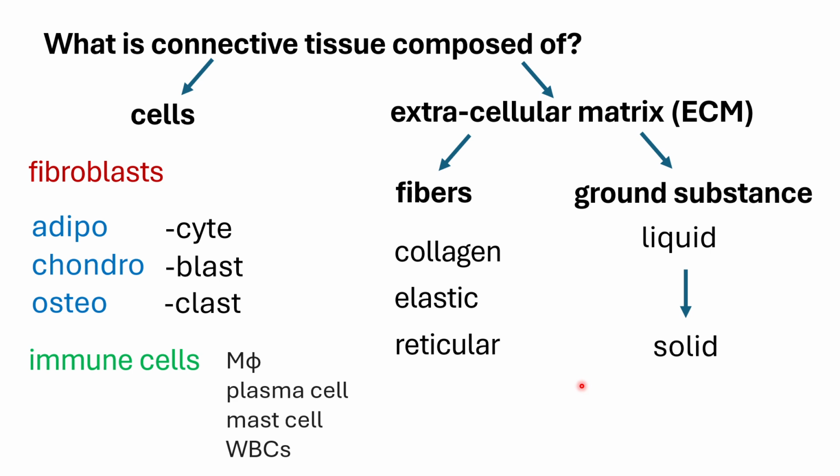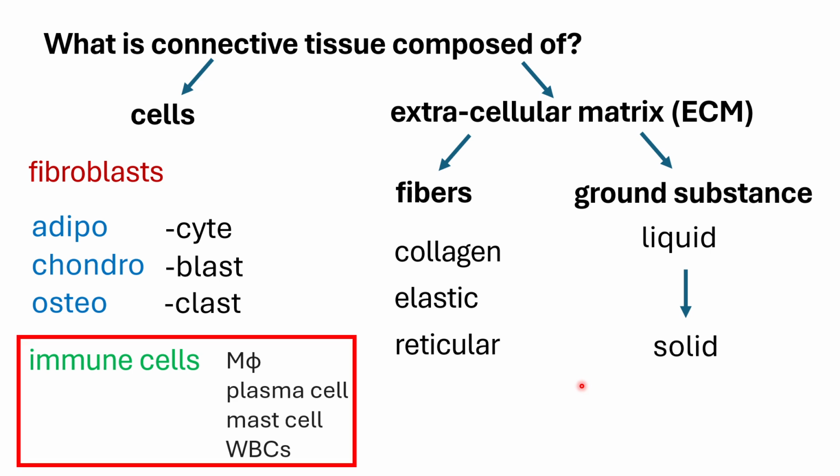So in this general basis of what a connective tissue is, for the cells, we can say that the type of cells that is included in this type of connective tissue would be, of course, your immune cells, because actually these monocytes, plasma cell, mast cell, and white blood cells, they actually came from the peripheral blood connective tissue.